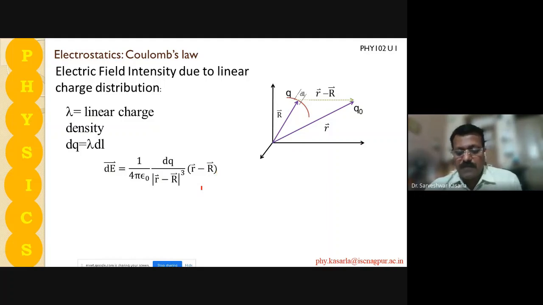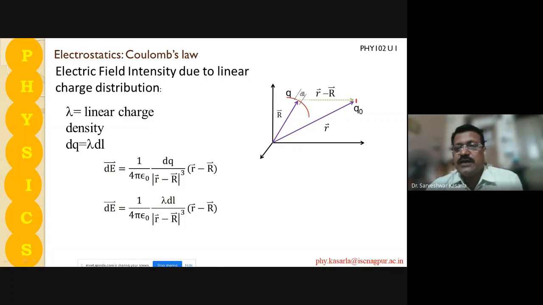Now if you put the value of dq, the expression becomes like this. In place of dq we have lambda into dl, where lambda is the linear charge density. Now if you integrate this expression from this length to this length, you will get the total intensity at this point due to the entire charge distributed along this line.